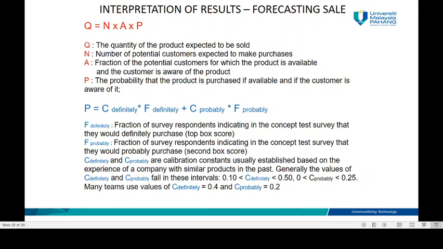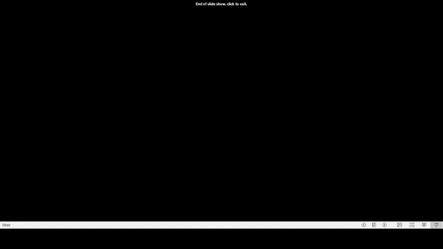We need to get the P first. You can get it from the survey, and the rest, Q, N, and A, you can also get from the interviews. So you can finally get the Q, which is the quantity of the product expected to be sold. With that, thank you.